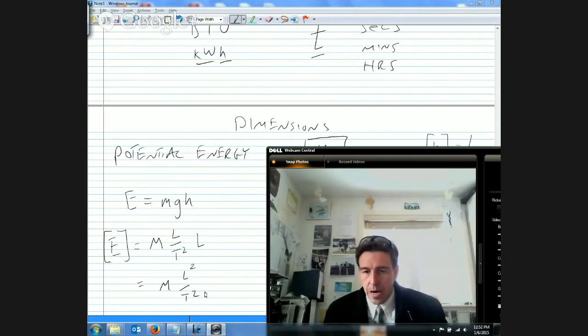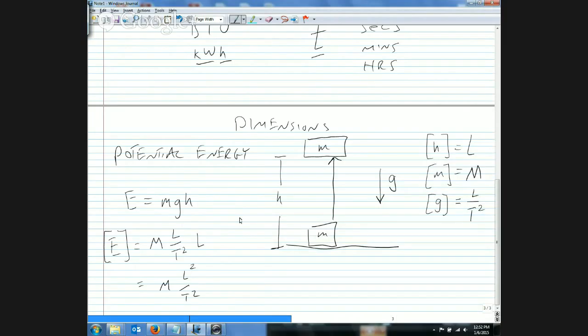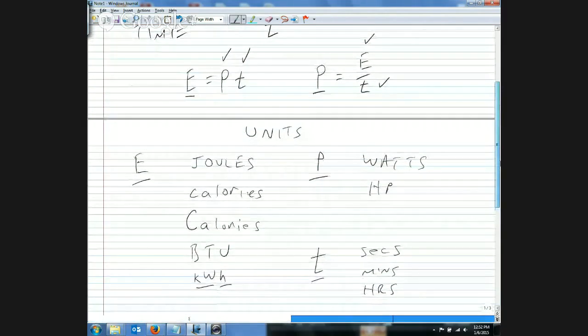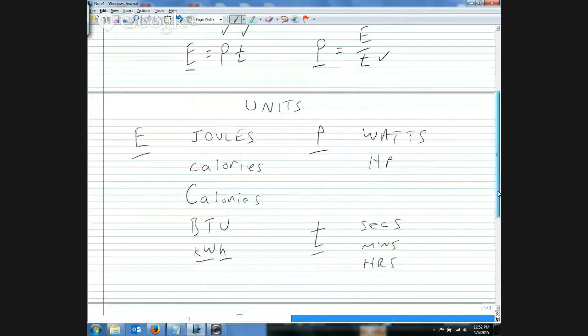Now let's look at power. And we'll use that same little potential energy example. And now what I'm going to do is scroll back up and remind you that power is just energy divided by time.